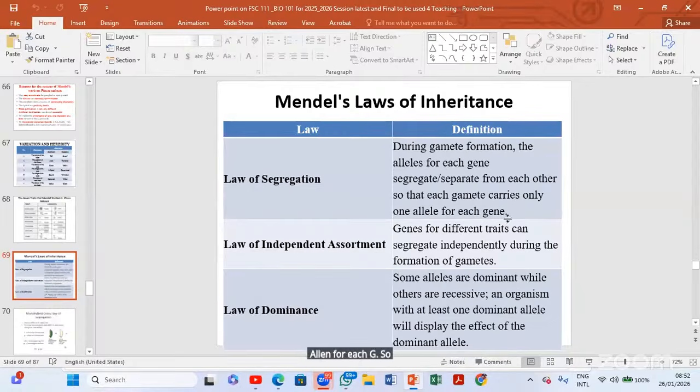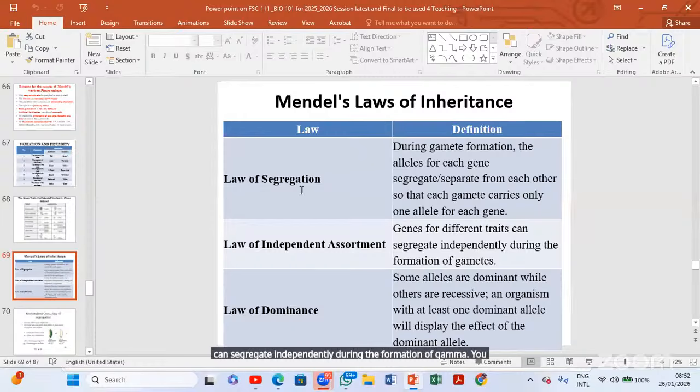So that's the law of segregation. The two alleles of the gene will separate during gamete formation so that a gamete will only have one member of an allele pair. Then the law of independent assortment says that genes for different traits can segregate independently during the formation of gametes.